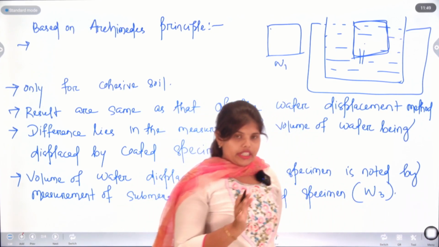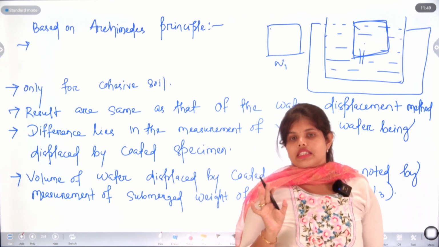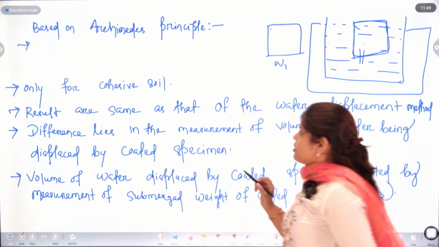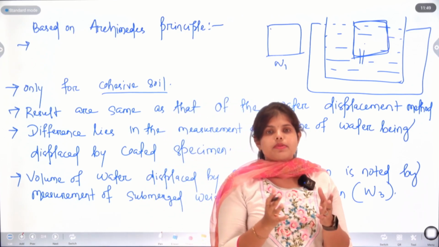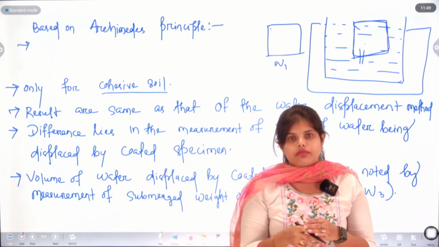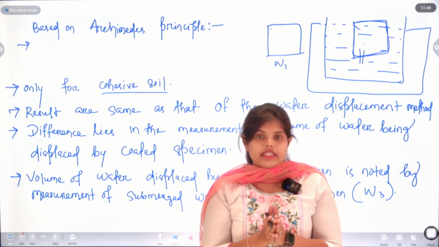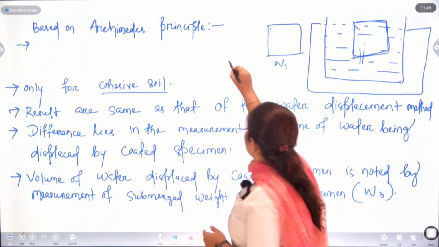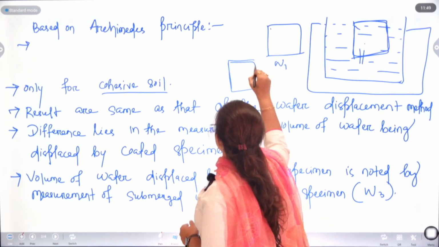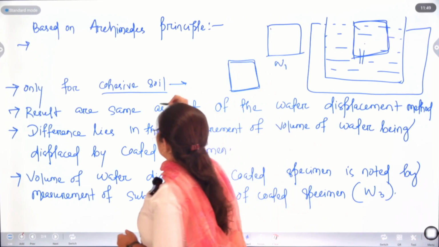We can only use cohesive soil in this case, because cohesive soil has the property to bind itself. So, it can be easily bound properly, and there will be formation of a proper shape. So, we take cohesive soil.